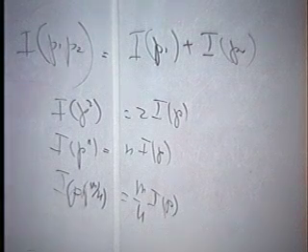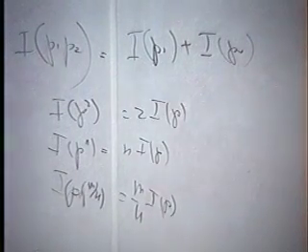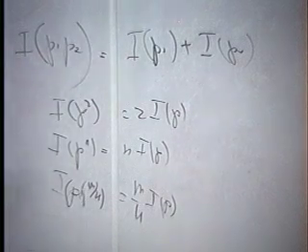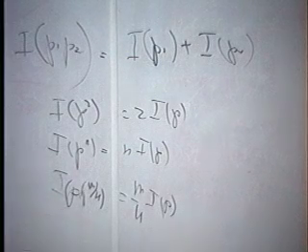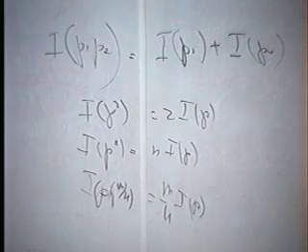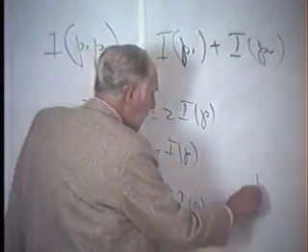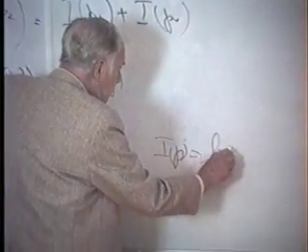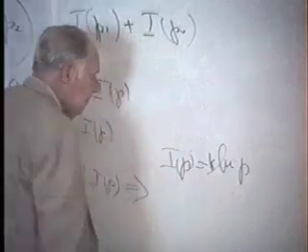Now, Shannon assumed that the amount of information I is a continuous function of P, the probability, which seems reasonable. If so, then this is true for all values. Since it's true for all the rationals, it's true for all values if the function is continuous. And from this you deduce I of P is proportional to log P.